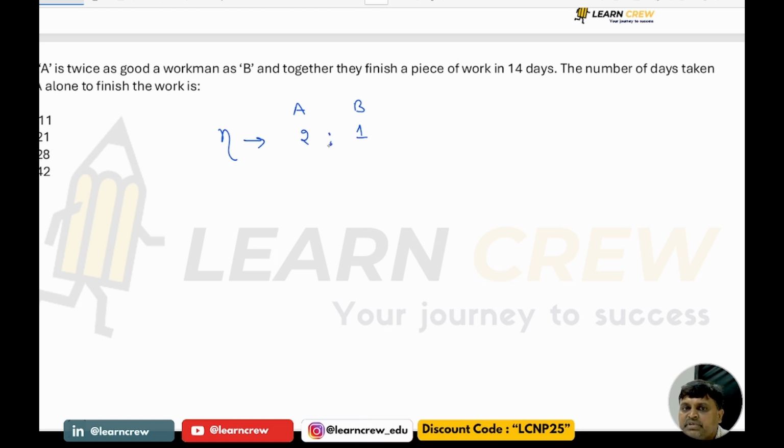The ratio of their efficiencies is 2 is to 1. They together finish the piece of work in 14 days. Together, A and B can finish 3 units of work in 1 day. Like that, in 14 days, 3 into 14, which is 42 units, is the total work.